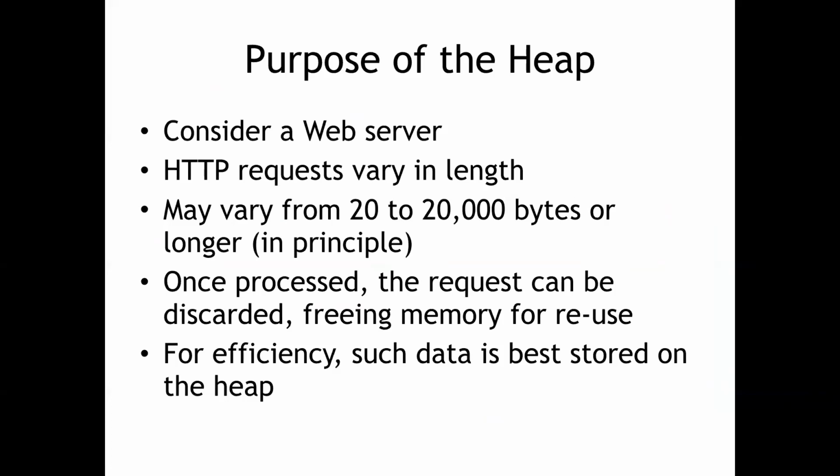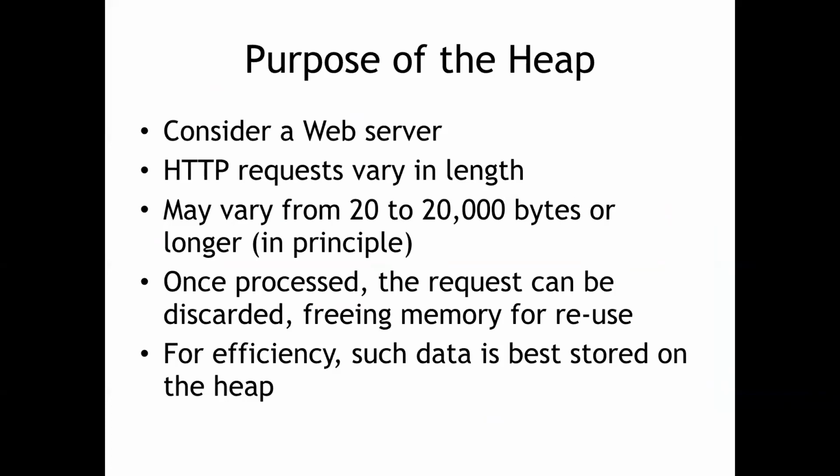Now, the heap is intended to handle chunks of data of various sizes that keep coming in, where you don't have to keep hold of that data forever. So you have data coming in, like HTTP requests. They're all different sizes. What you want to do is store them in temporary storage in the heap and process them. If you're something like a web server, like Apache, these requests are coming in and you're servicing them.